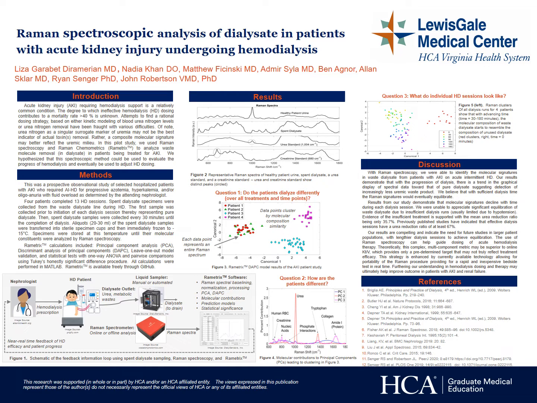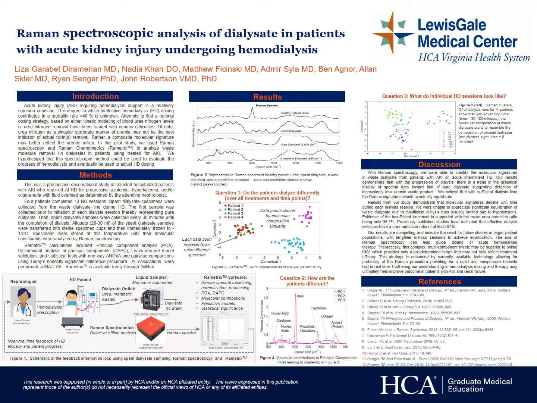Figure 2 reveals a typical Raman spectral pattern for urea and for creatinine, obtained from a reference library of molecular standards. Using these standards, one can establish the type and concentration of individual substances in dialysate.